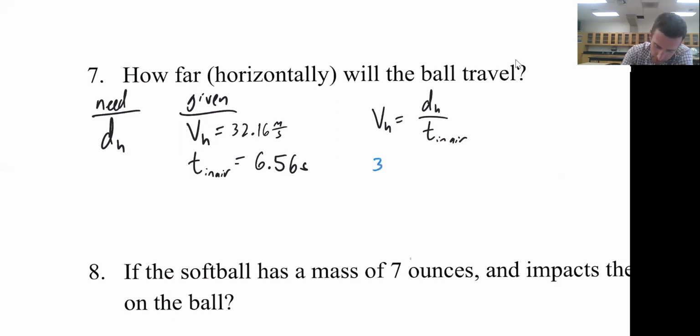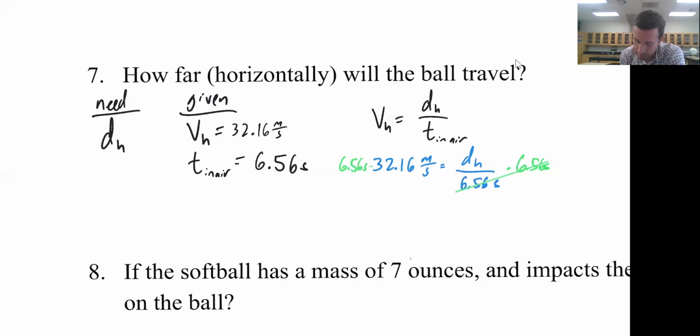Velocity horizontal, 32.16 meters per second equals the distance horizontal, that's what I'm solving for, divided by 6.56 seconds. To get horizontal distance by itself, I'm going to have to multiply both sides by 6.56 seconds. Those will cancel, leaving me with multiplying those together.